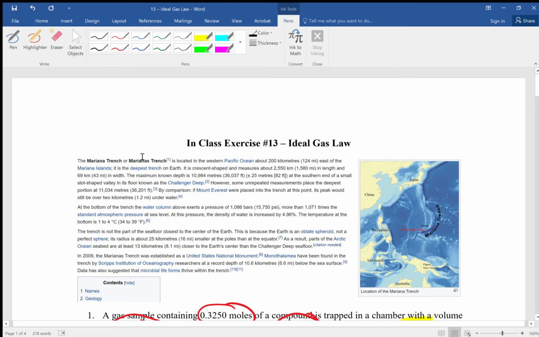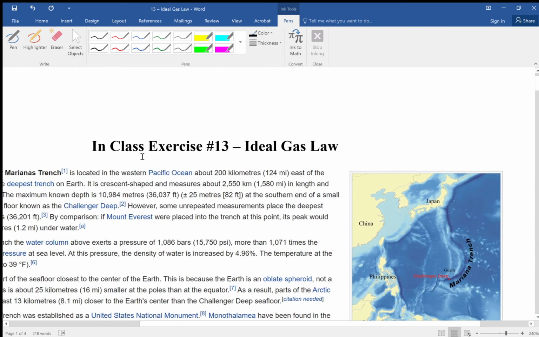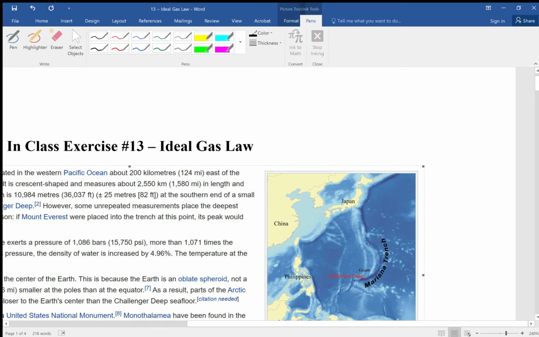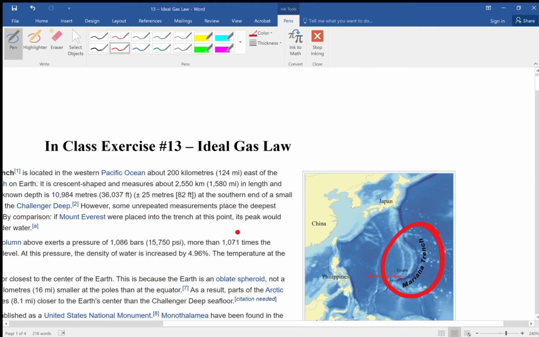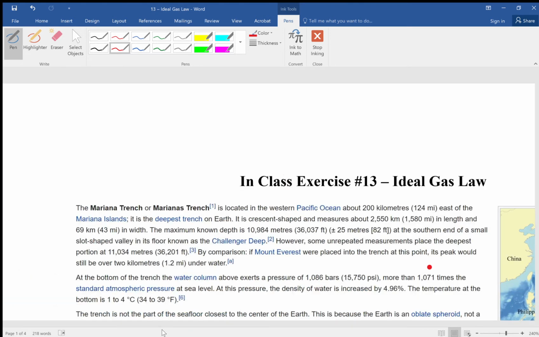So the Marianas Trench is in the Pacific Ocean, as you can see from the map here, out near Guam. And it is the largest trench found anywhere on Earth, or I should say the deepest trench.